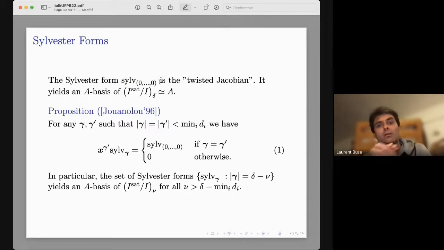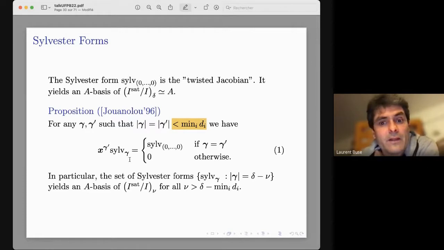Okay, and so moreover, what you have is this duality that has been proved by Joanolou. If you take two gamma and gamma prime of the same degree, and still under the assumption that you can define Sylvester forms for these two degrees, then you have this pairing property that if you multiply the monomial defined by gamma prime with the Sylvester form defined from gamma, then it is either 0 or the Jacobian determinant, the twisted Jacobian, if gamma is equal to gamma prime.